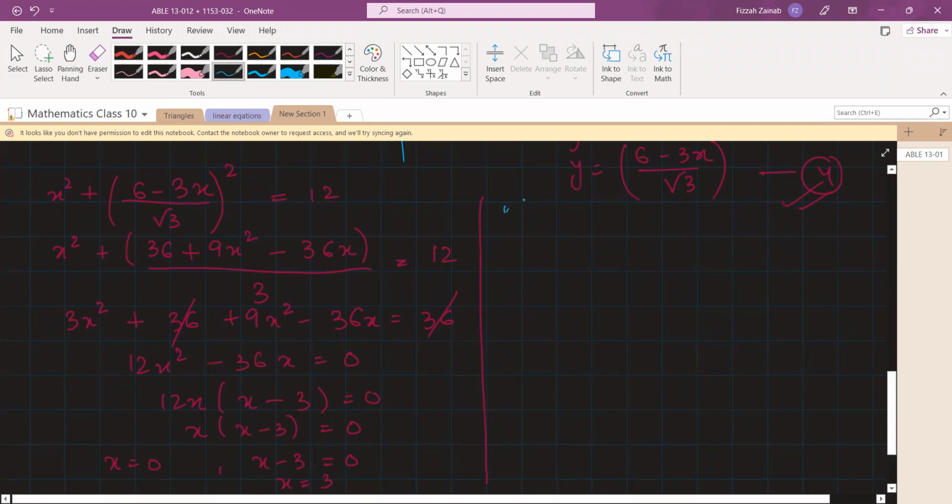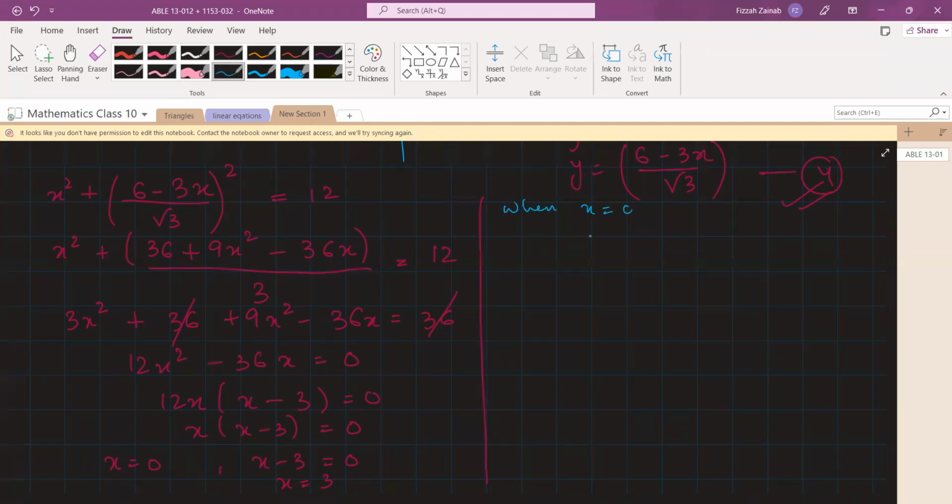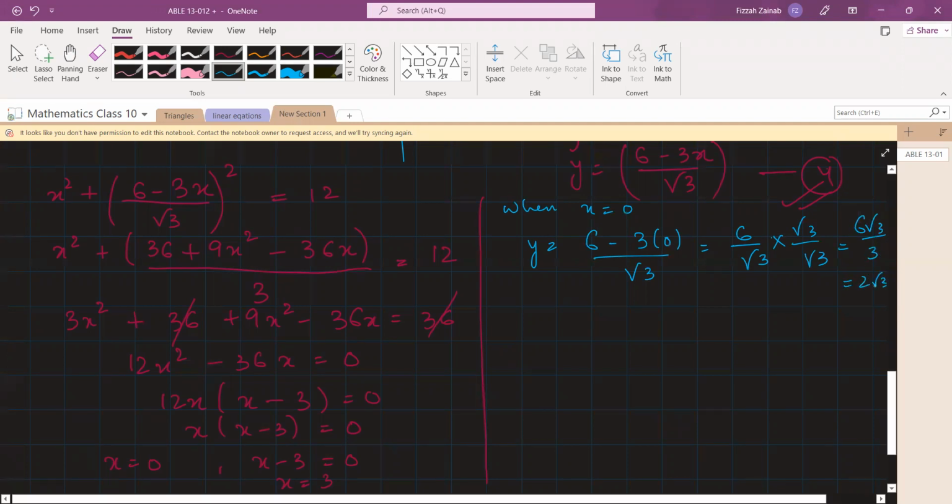So when x is 0, y becomes 6 minus 3 into 0 divided by under root 3. So this is 6 by under root 3, right? Now you rationalize it, so into root 3 into root 3. So that becomes 6 root 3 divided by 3, and it becomes 2 root 3, right? Yes, ma'am.